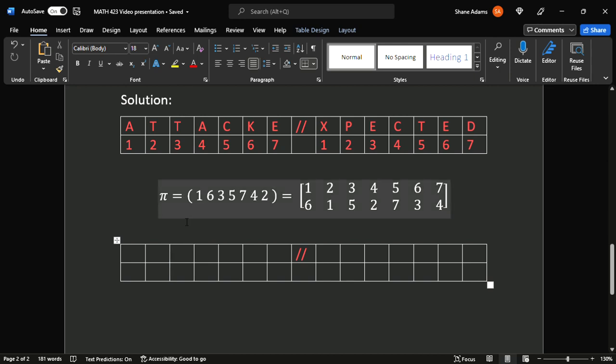So for the actual encrypting of the message, we are going to put the 6th letter in the first column. We are going to put the first letter in the second column.